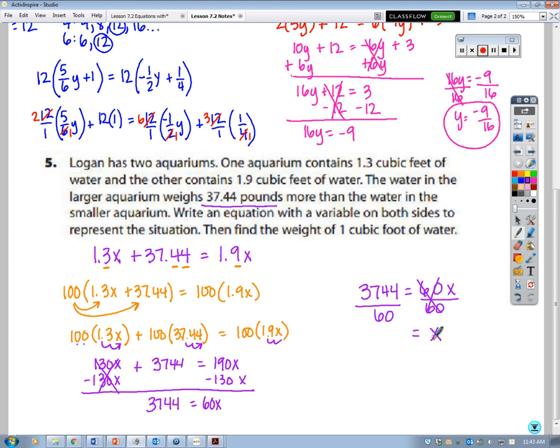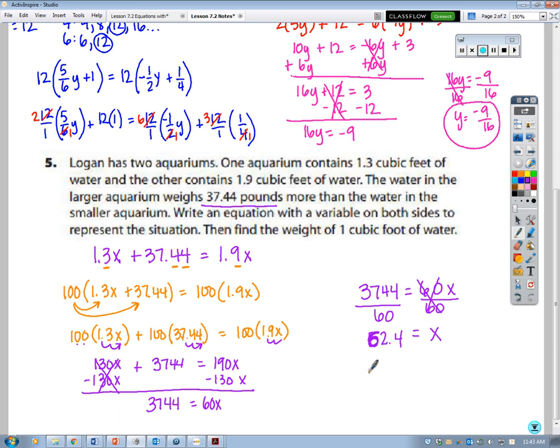So 3,744 divided by 60, and I worked this out in advance because I knew it was going to be a lot, is 62.4 pounds. So 62.4 pounds is the weight of 1 cubic foot of water.